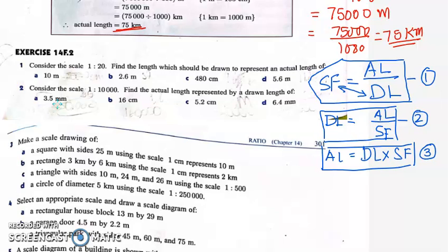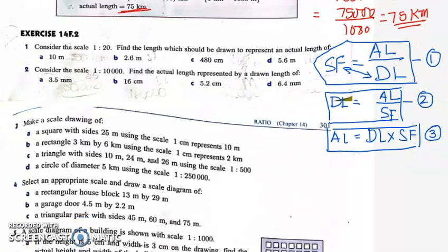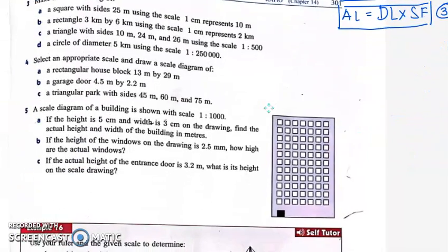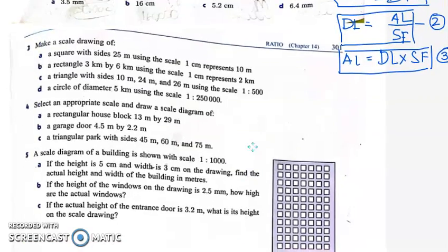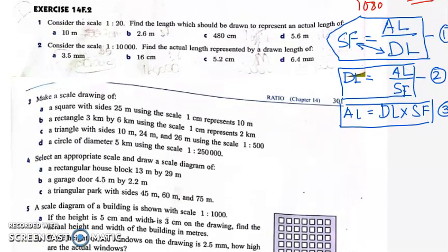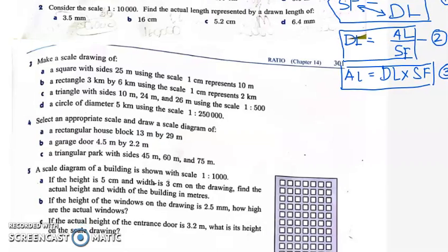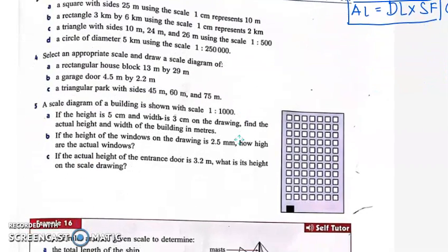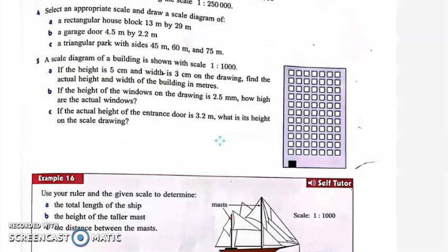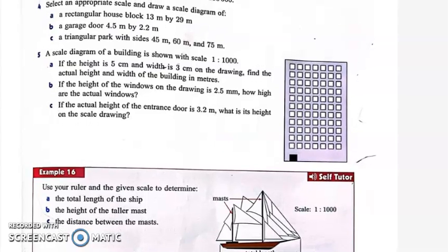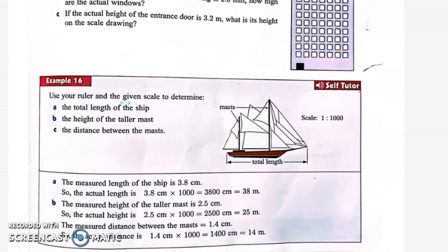Now you have exercise 14F.2, where you have many questions that you need to do till F, starting from 1, 2, 3, 4, 5. And these are the questions that you are supposed to do. Then there is example 16. Use your ruler and the given scale to determine the total length of the ship. This is something you have to practically measure and do.